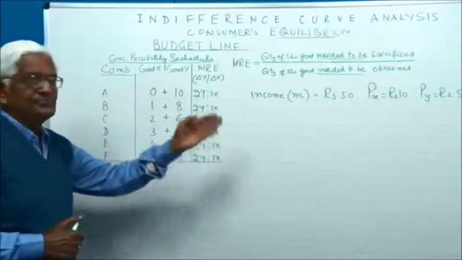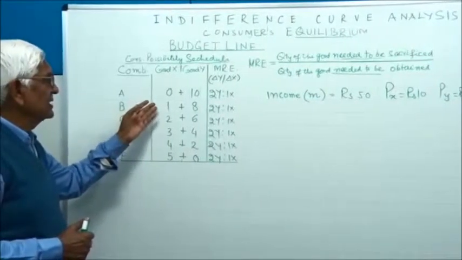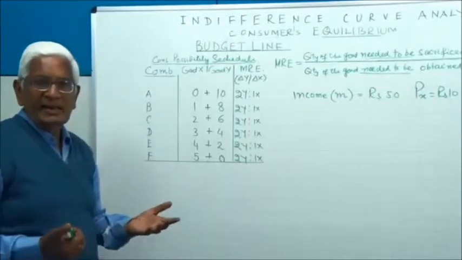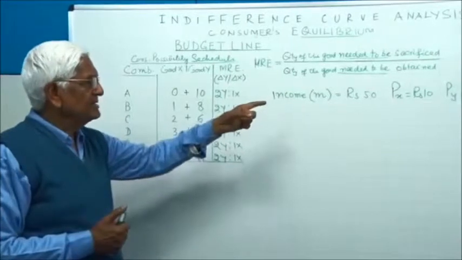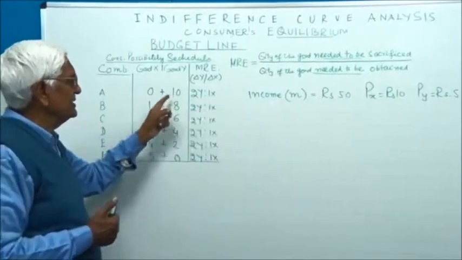Take first row. The row says the consumer can afford 0 plus 10. Clear? If we spend all this money on Y, he gets at the rate of 5 rupees. From 50 rupees, he gets 10.